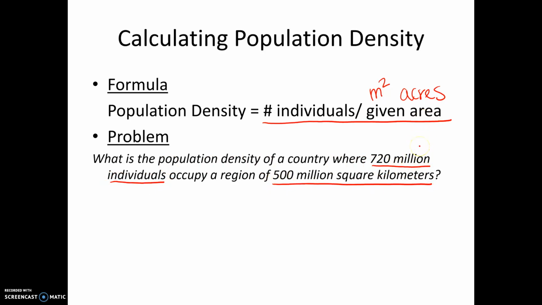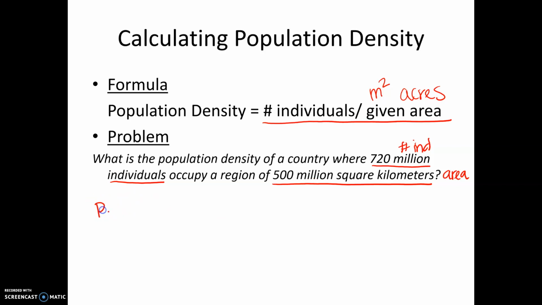So our 720 million individuals, that's our number of individuals, and 500 million square kilometers, that is our area. So we already know we're going to divide 720 million by 500 million square kilometers, and it's going to give us our answer. That's easy, but you need to show where that came from.